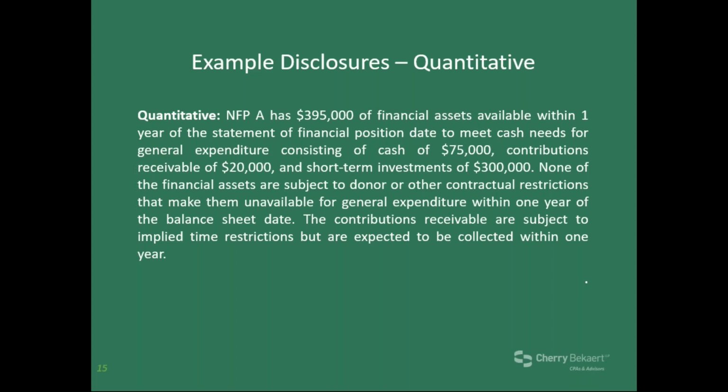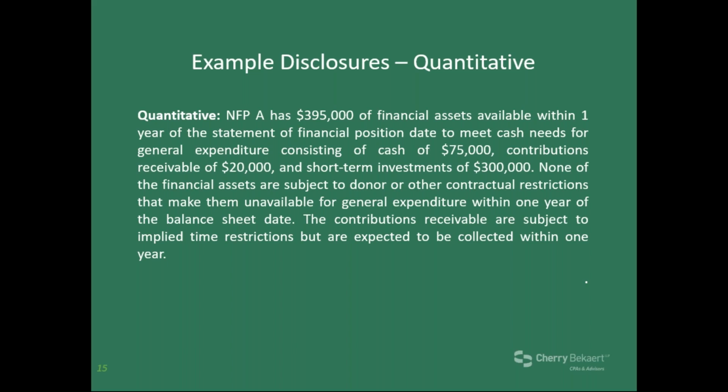So here is an example of the quantitative disclosure in words. Here you can see this not-for-profit is disclosing its financial assets, and it's basically going through and saying that it's comprised of cash of $75,000, contributions, and short-term investments, and that none of these financial assets are subject to donor or any other contractual restriction and are available to fund general expenditures within 1 year from the statement of financial position date.